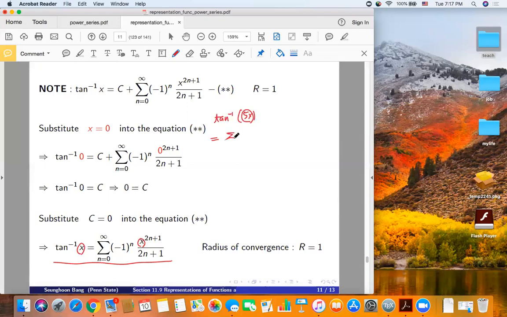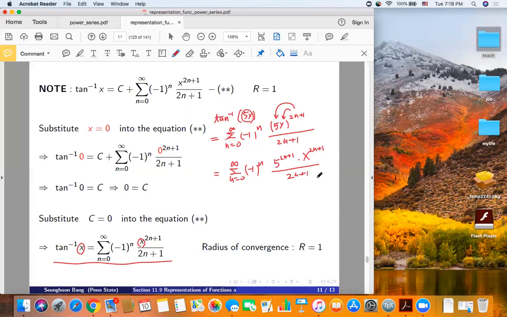We have the summation n equal to 0 to infinity of negative 1 to the power n, 5x to the power 2n plus 1 over 2n plus 1. Next, distribute the power 2n plus 1 to the number 5 and x. So we have 5 to the 2n plus 1 times x to the 2n plus 1 over 2n plus 1. That's it.